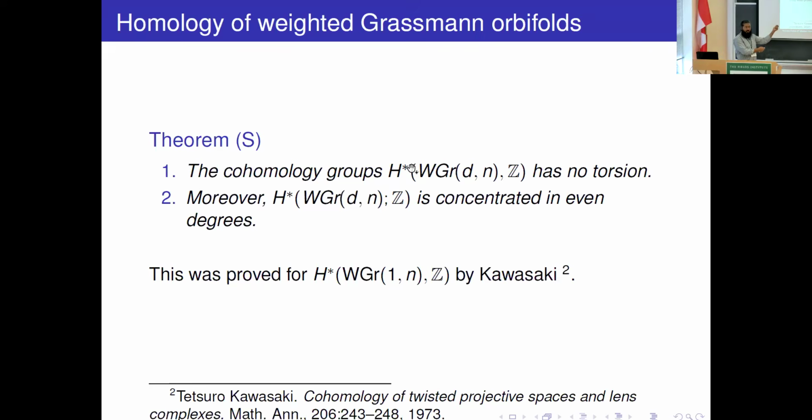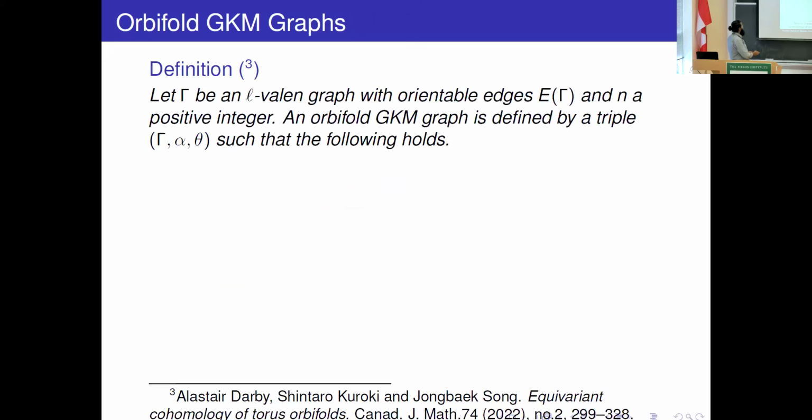If we fix the ith cohomology, then additively it is the same. But the interesting part here is that it was shown that the cohomology ring structure is totally different. It is not generated by one element. It needs more generators.